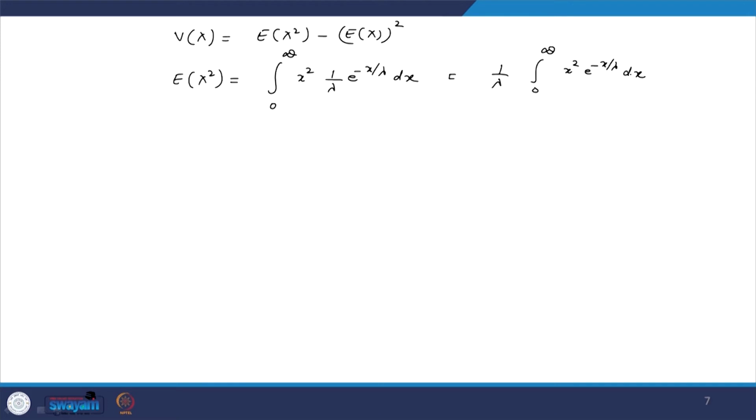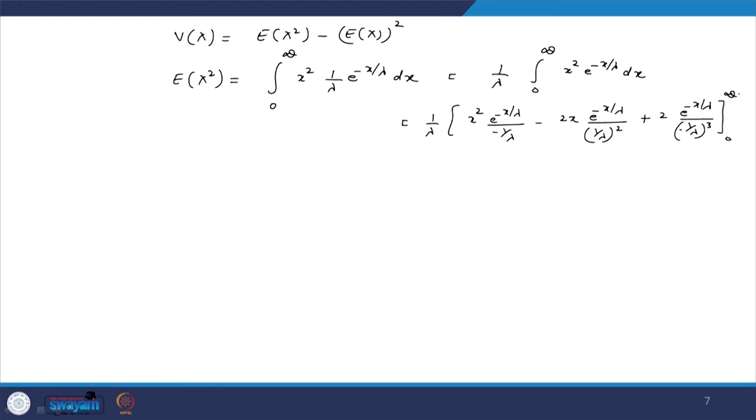Now, you can integrate over here. It is 1 upon lambda times the integral of second, minus 2x e raised to minus x upon lambda into 1 by lambda whole square, plus 2 into e raised to minus x upon lambda upon 1 by lambda whole cube, with minus sign, from 0 to infinity.